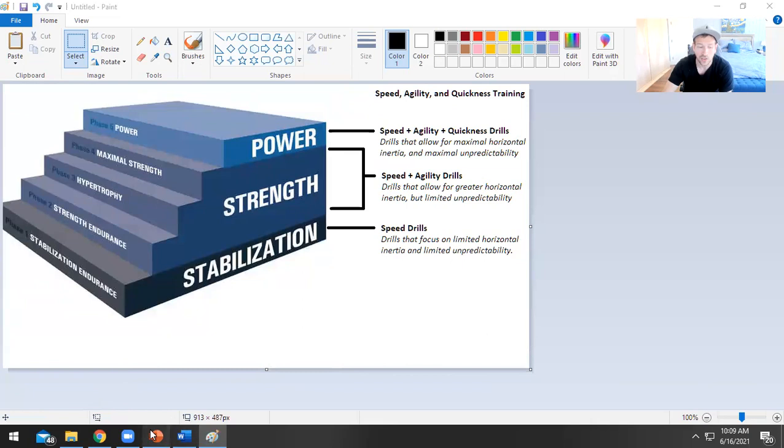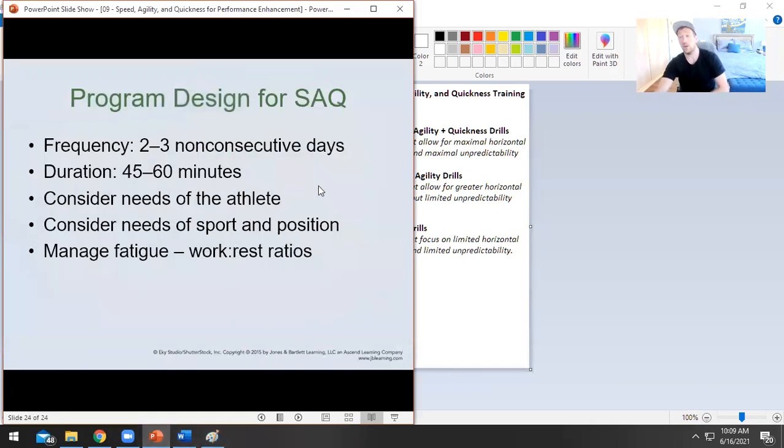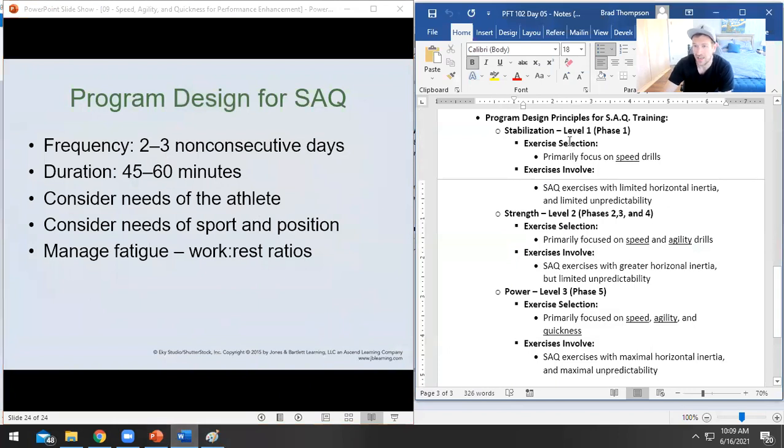So when you're looking at this on your test, guys, the way that they'll ask you about this is like: clients who are in stabilization, that's level 1 or phase 1, primarily focus on speed drills, right? Limited horizontal inertia, limited unpredictability.